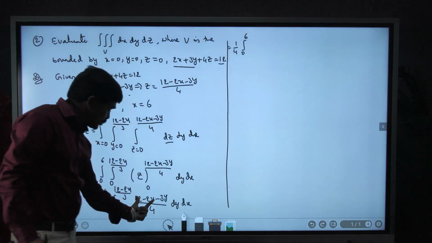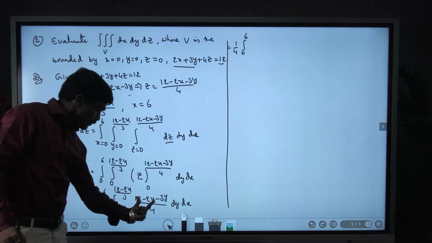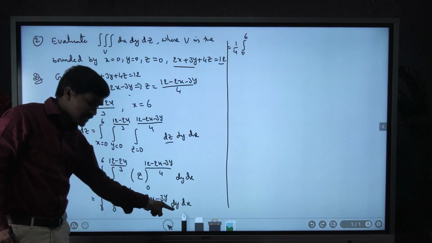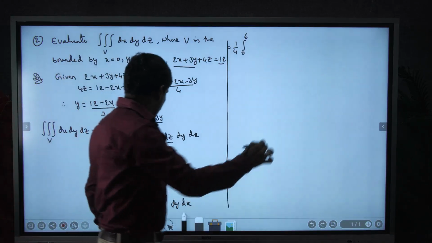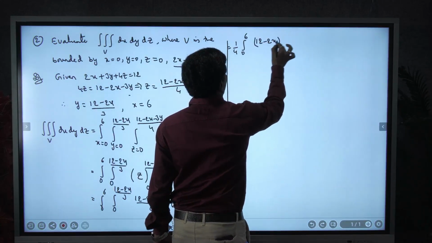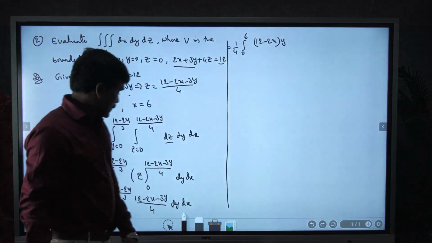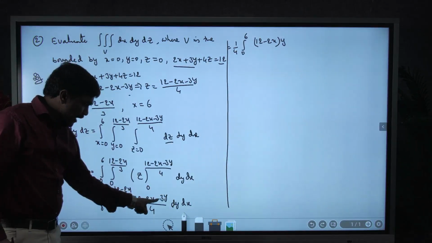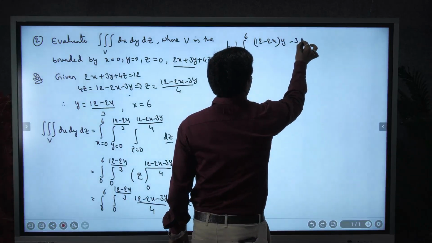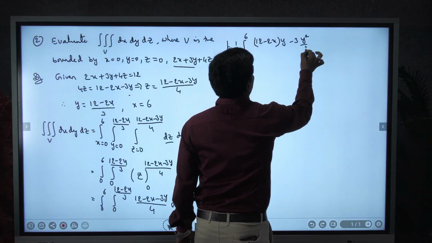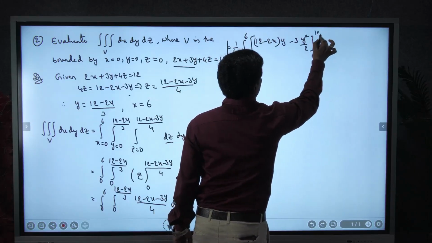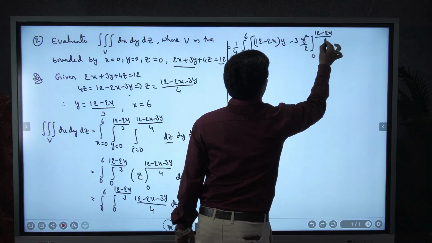Here 12 minus 2x is clearly constant, so 12 minus 2x into integral dy; integral dy is y, so we write 12 minus 2x into y, minus 3y dy, so 3 into y square by 2. Now substitute upper limit minus lower limit, so that is 12 minus 2x by 3.